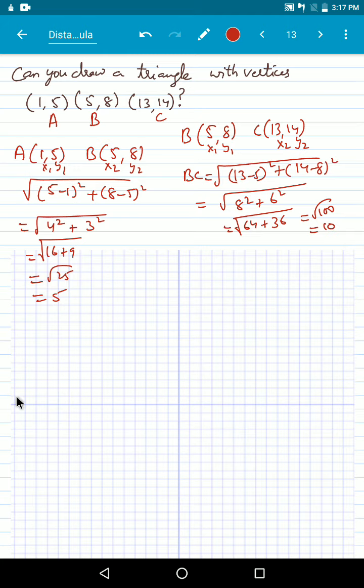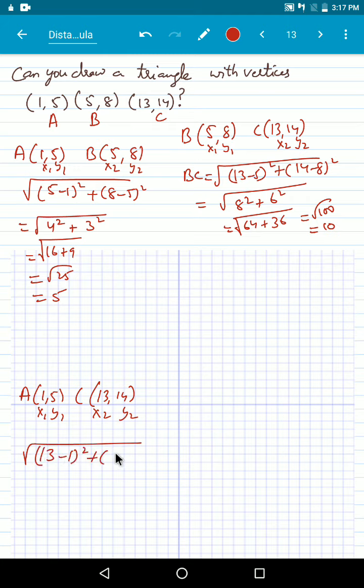Okay. Now let us find AC. A is (1, 5) and C is (13, 14). So (13 minus 1) whole square plus (14 minus 5) whole square. 13 minus 1 is 12, 12 square is 144, plus 14 minus 5 is 9, 9 square is 81. So it will be 225. Root 225 is 15.